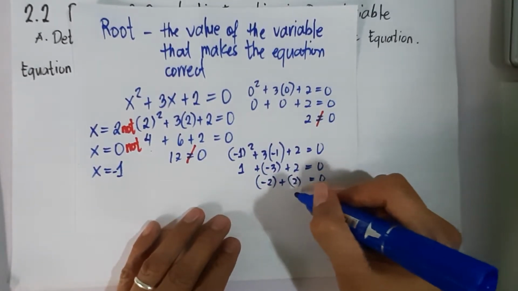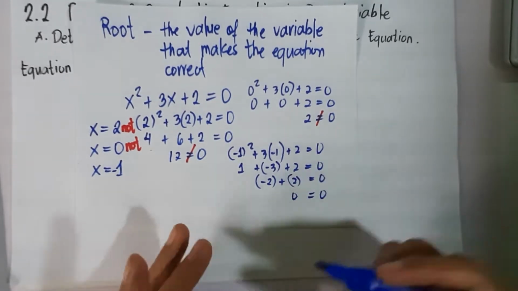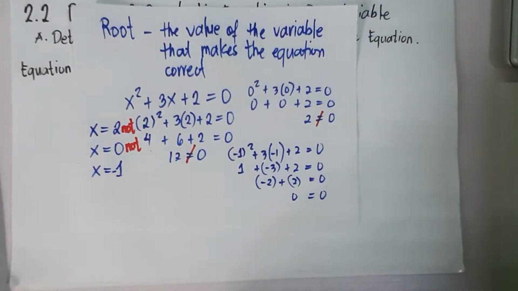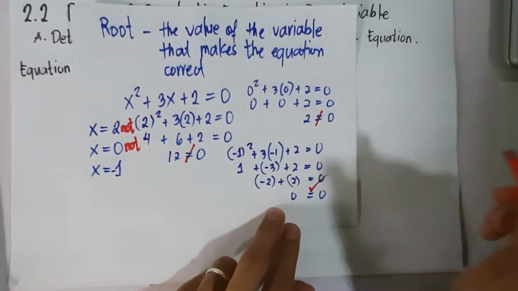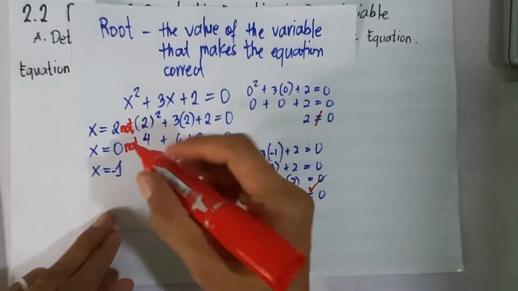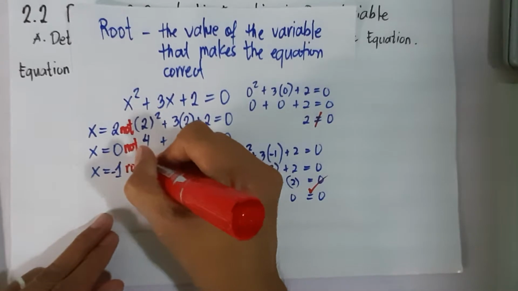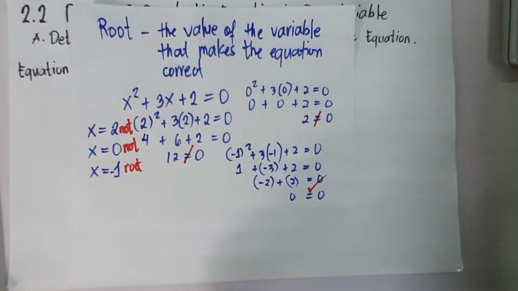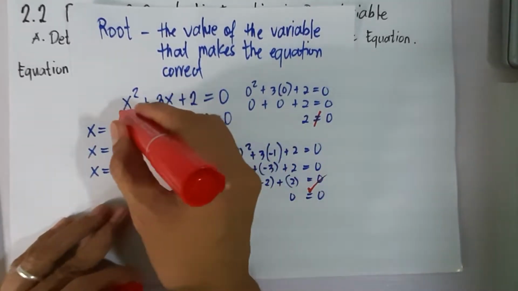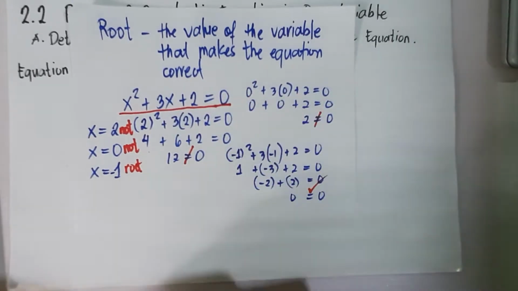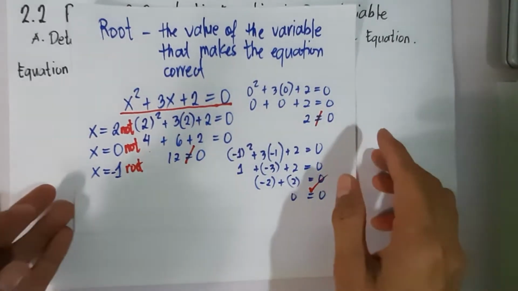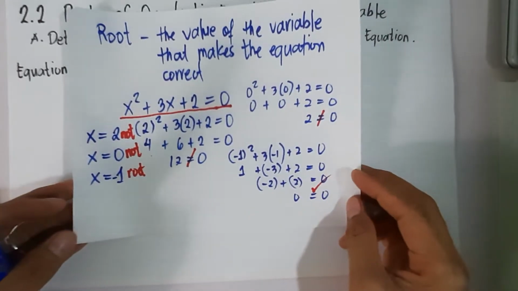Negative 2 plus 2 is 0, so 0 equals 0. As you can see, this is true, because 0 is equal to 0. Therefore, this is a root of this quadratic equation. That is how you determine the root of a quadratic equation.